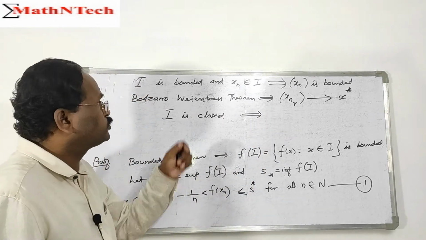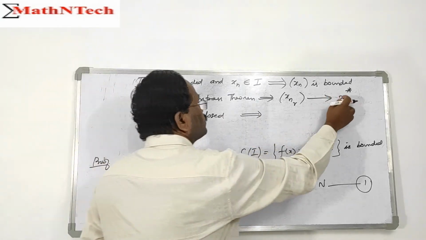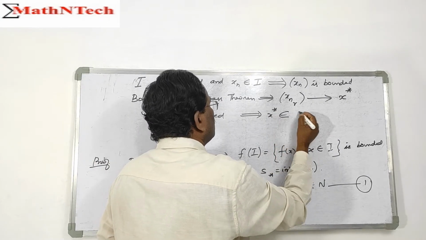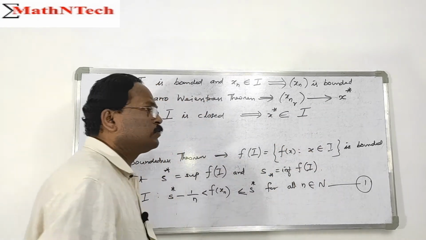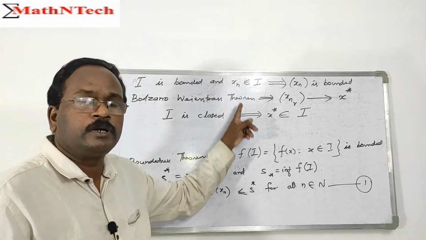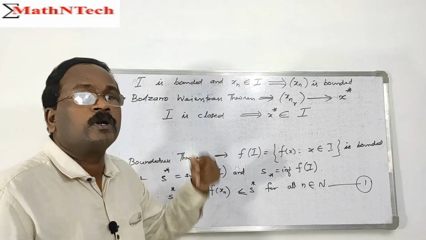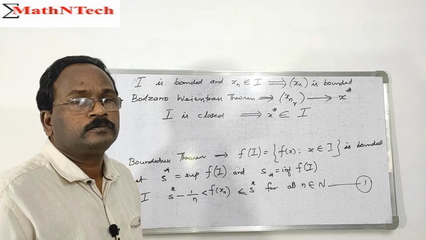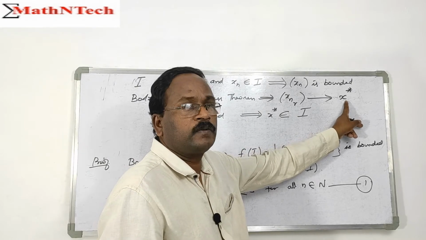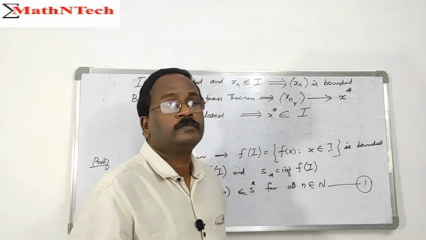The interval I is closed, so this x star element I. The same steps as in the previous boundedness theorem. There we take x, here we change to x star.